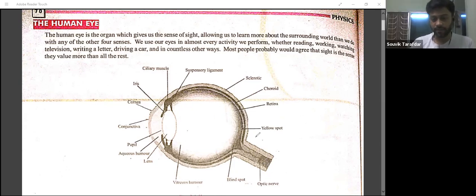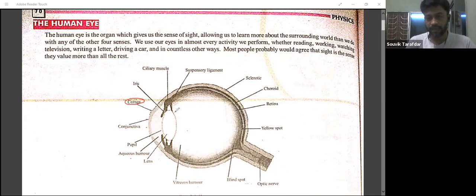So now see one thing. This is the human eye. First we will start with the portion which is known as the cornea. Now what is the cornea? The cornea is a portion at the absolute upper part of the eye.